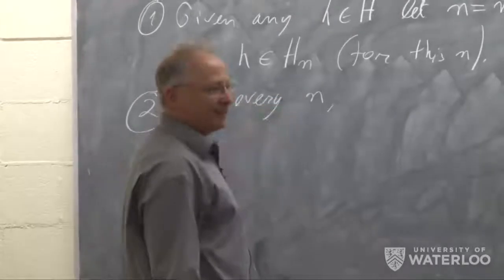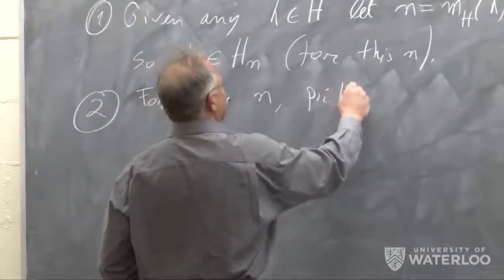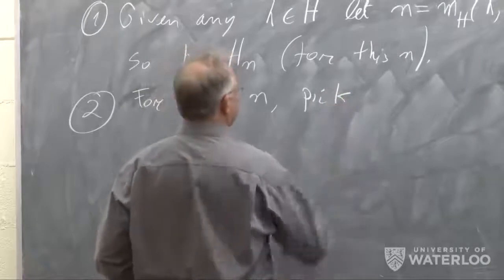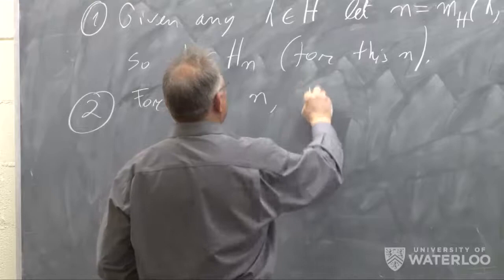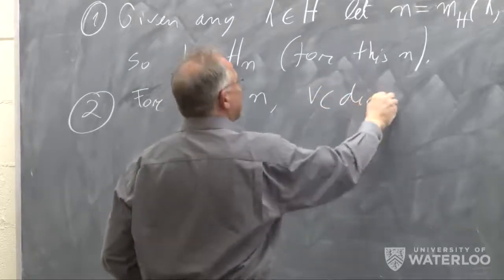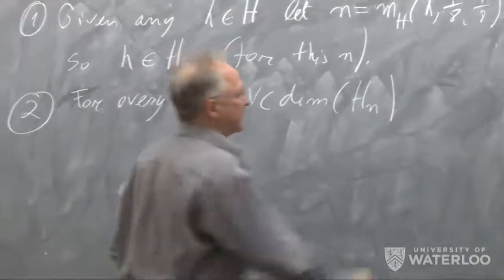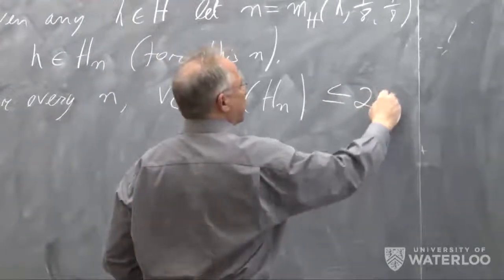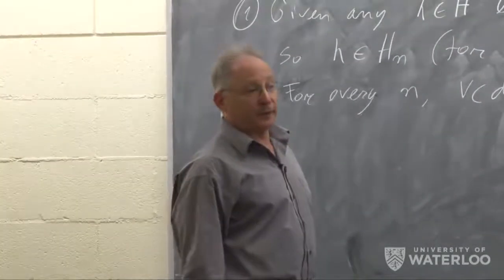So for every n, I claim that the VC dimension of the class Hn is at most 2n, and therefore it has finite VC dimension. Why?